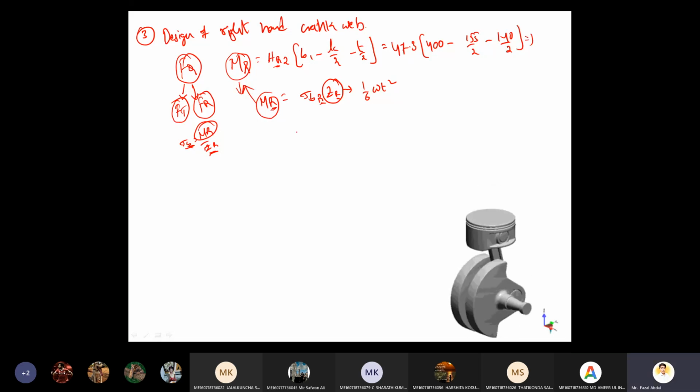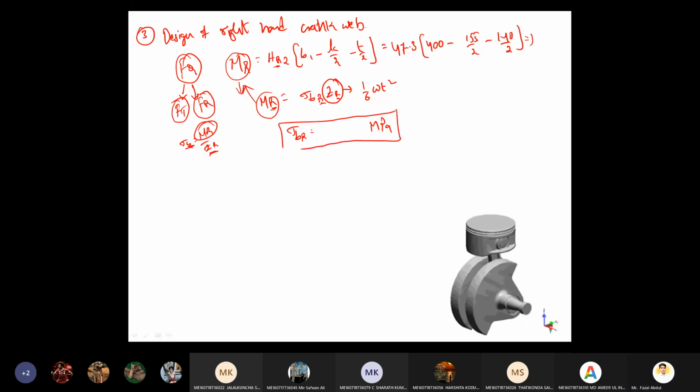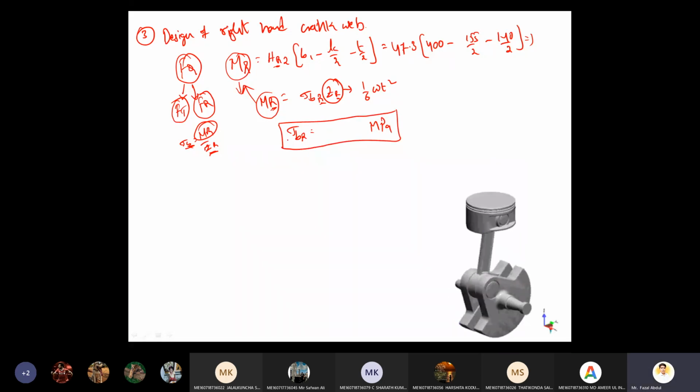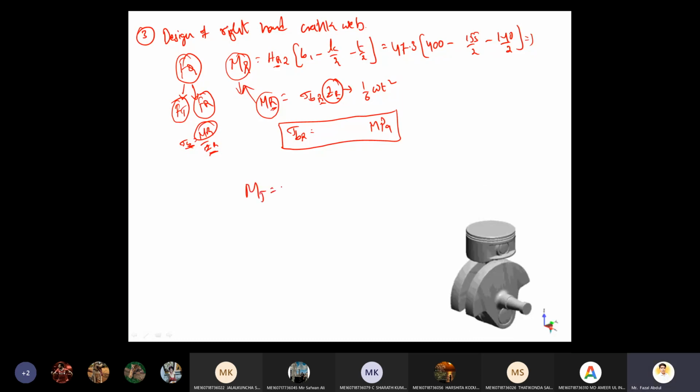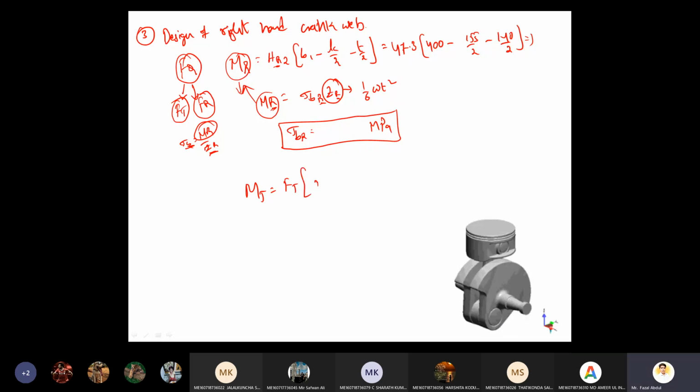With this, sigma b r is going to be calculated in terms of megapascal. In the same manner, MT, the tangential moment, that is FT into R minus DS1, otherwise flywheel, by 2.